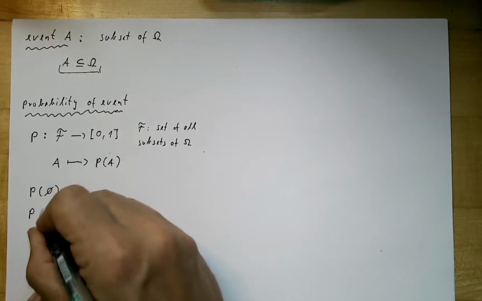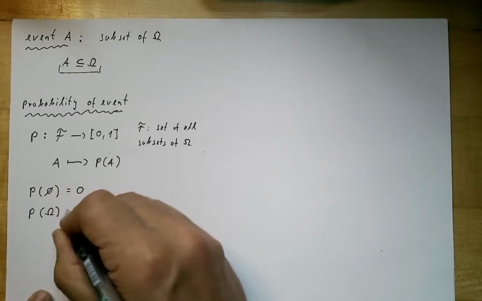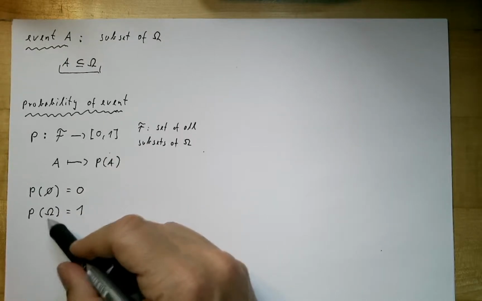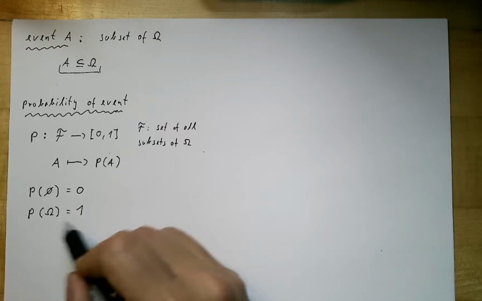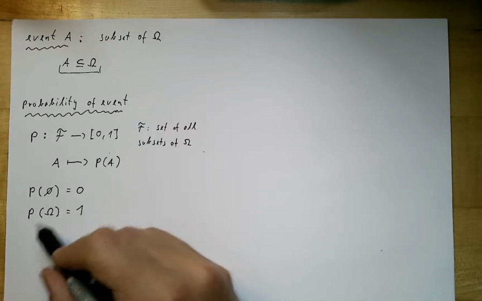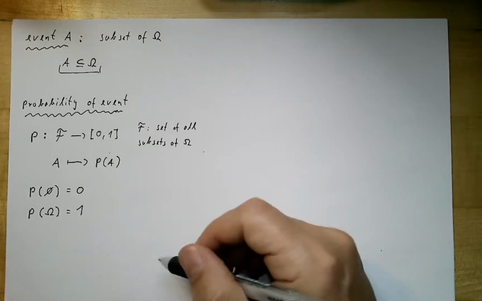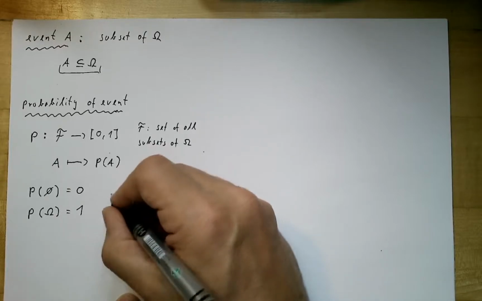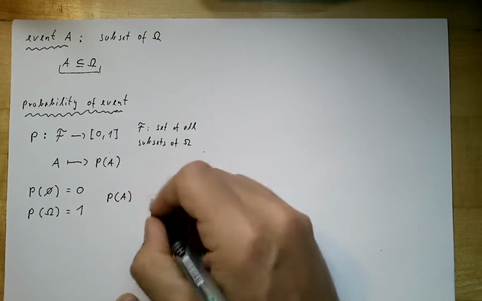And then the probability of the whole sample space has the probability 1, because some outcome must be there, so that's really certain that one of the outcomes will be there. And now what's the probability for a certain event?